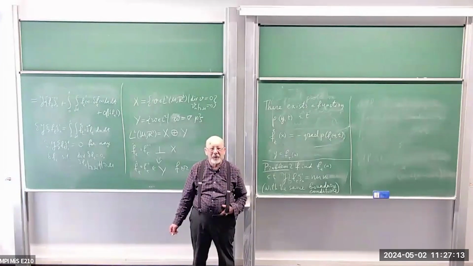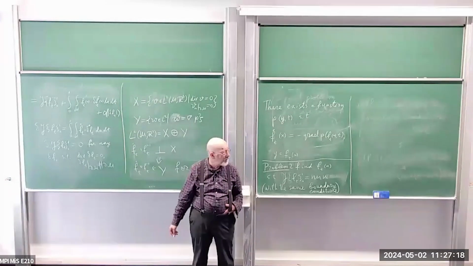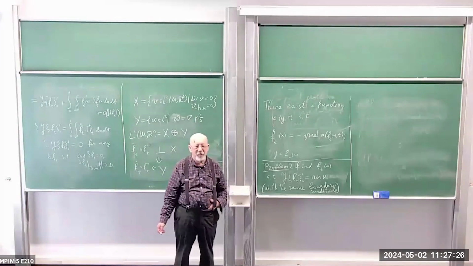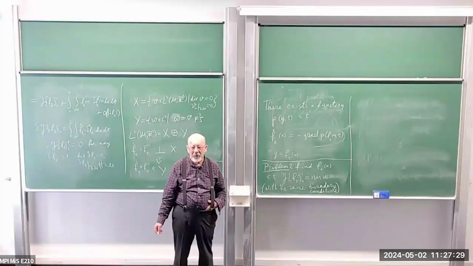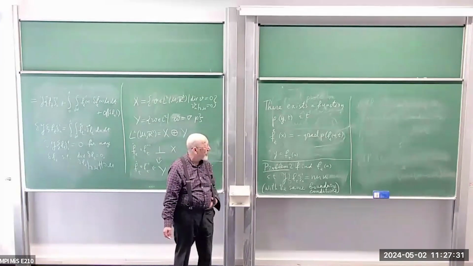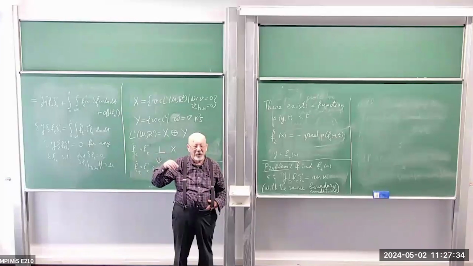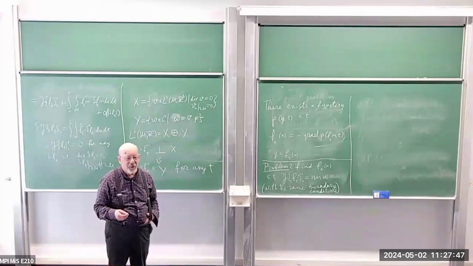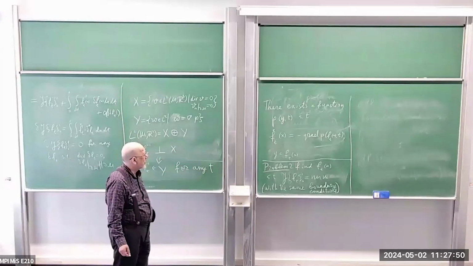This has a solution, and I'm going to explain in which sense. But this solution can be, say, discontinuous, or maybe even more singular. But the point of this is that the velocity field is well defined and is a weak solution of the Euler equation in the sense which I will also describe. Yeah, so it produces a weak solution.